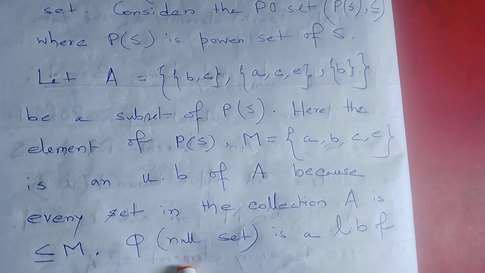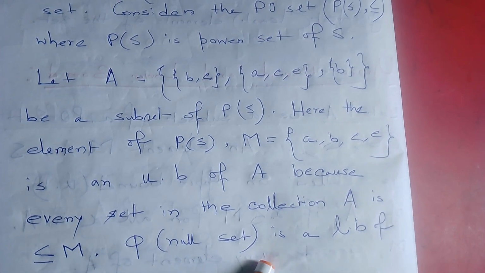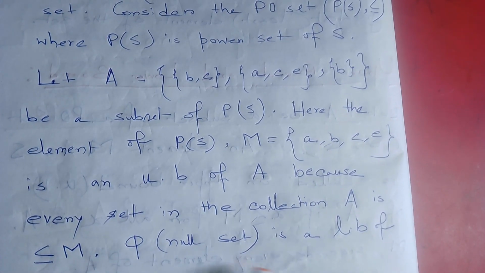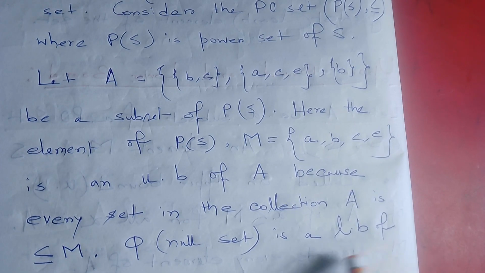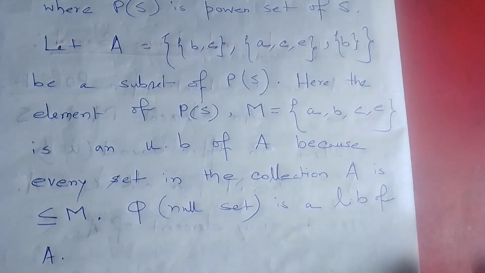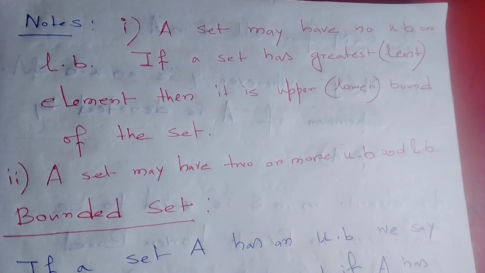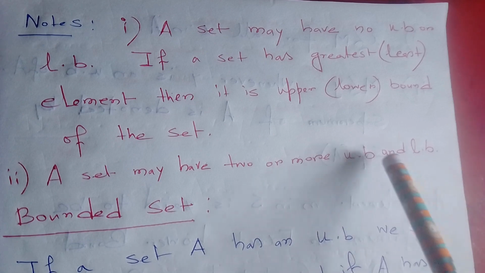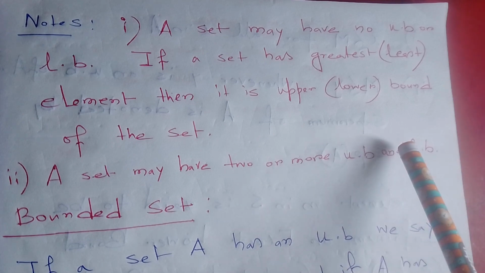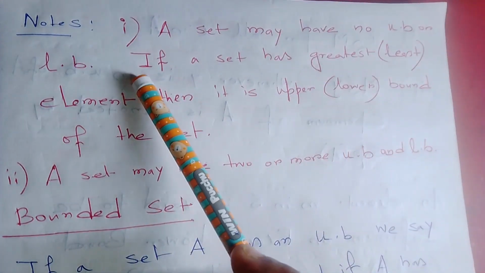And phi is a lower bound of A, because phi is a null set, and the null set is obviously a lower bound of A. Here are some notes on upper bound and lower bound. A set may have no upper bound or lower bound.